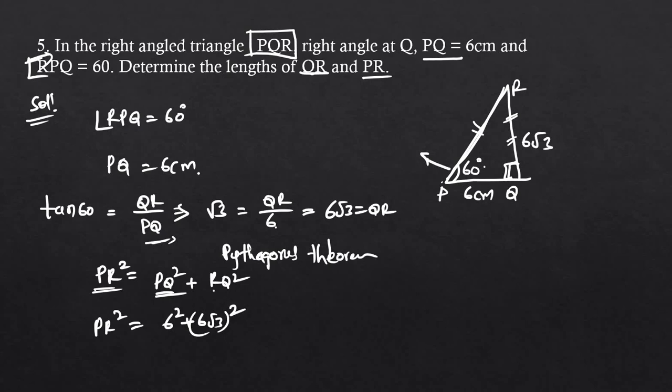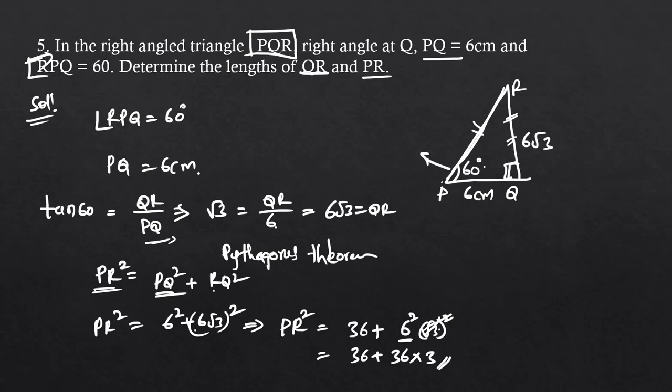So from this we can write PR square is equal to 6 square, which is 36, plus here 6 square will come and root 3 whole square will come here. The square root 3 will get cancelled, and it will become 36 plus 36 into 3 will remain.